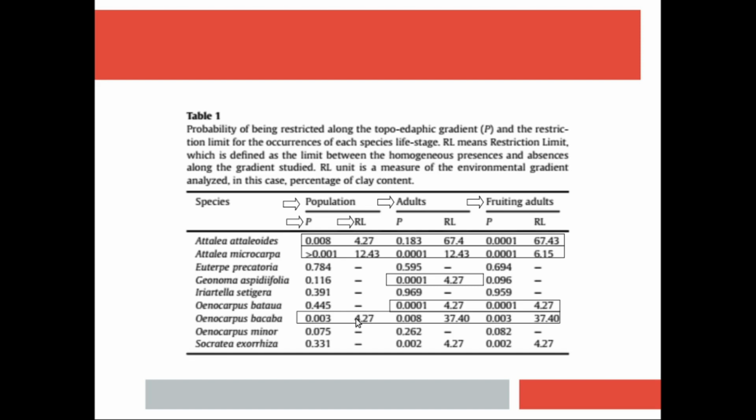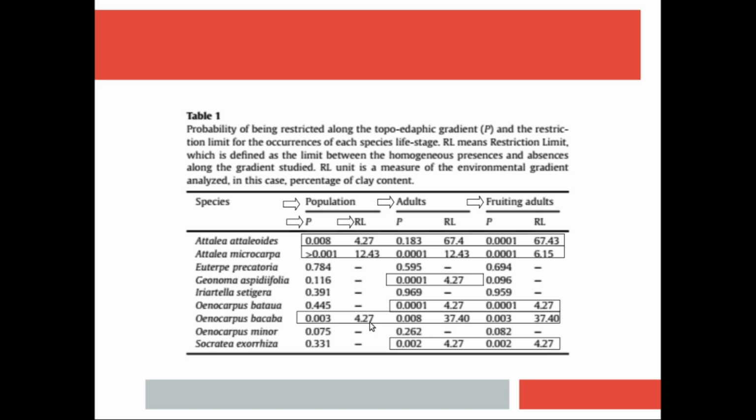The species specialized in clay hilltops: the population gets to the bottomlands, but the adults that give fruits only reach 37% of clay, a little further down, but not that much down to the bottomlands. And again, another species that's extremely restricted to the bottomland.